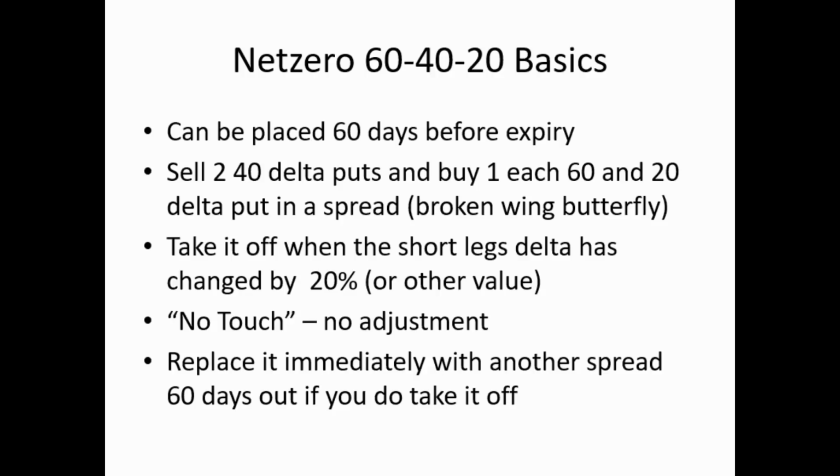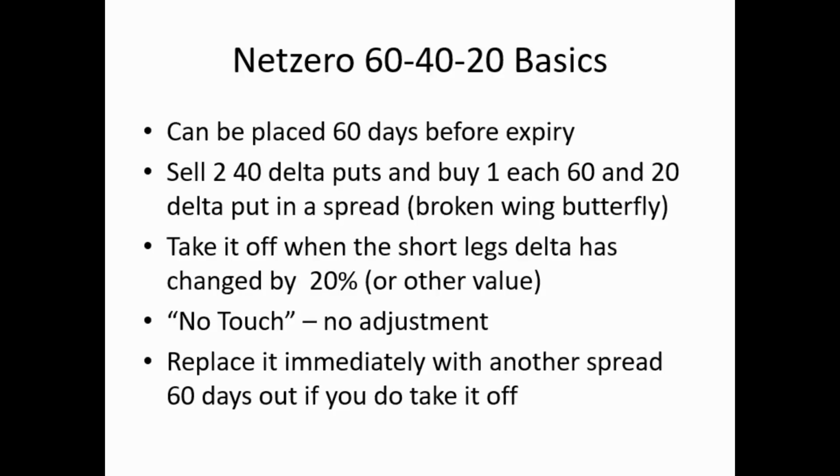So that will be zero delta. And it's basically a trade that you let run as long as possible. It's intended to be a no-touch trade, no adjustment, except you take it off when the short legs' delta has changed by 20% or 30% or some other value that you choose.